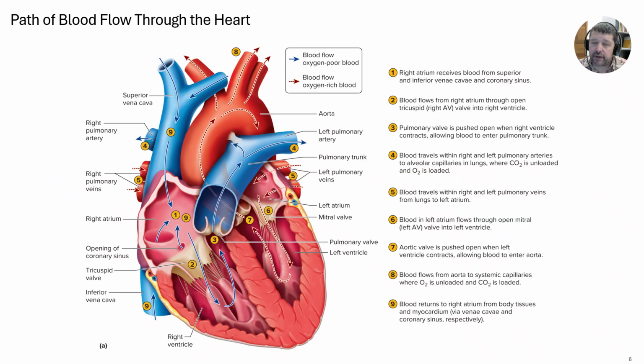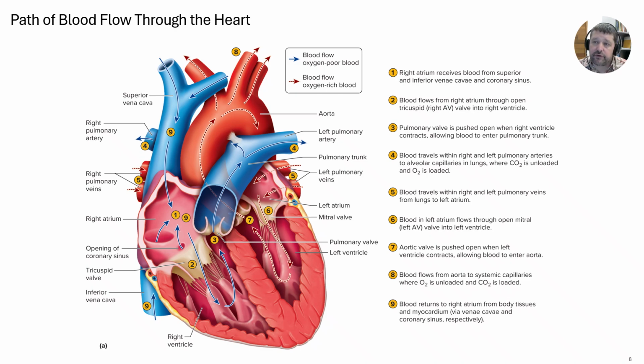And just to recap the whole system, the right atrium over here is going to receive blood from the body. Sometimes we call it deoxygenated, but a better term for it is actually oxygen-poor blood, because it is quite possible, and quite often the case, that the blood in the atrium has oxygen.